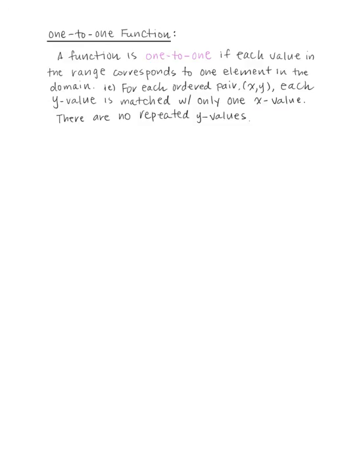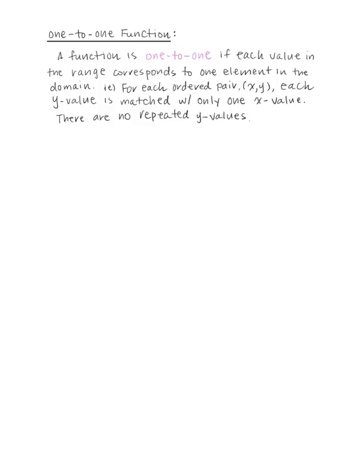Okay, now we're going to talk about this thing called a one-to-one function. Let's recall from the previous section, a function is a relation such that for every x, there is exactly one y value. Now that function becomes a one-to-one function if for every y, there is exactly one x value.